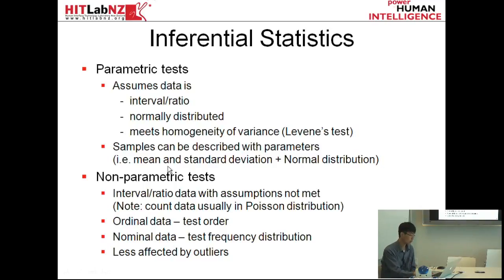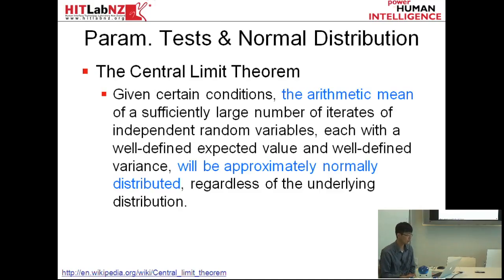So we'll first go with the set of parametric tests you can run. The parametric test pretty much relies on the central limit theorem, which is a concept that when you have a decent number of samples, even though the underlying numbers are quite random, if you take the mean value of them, the mean value will follow a normal distribution.